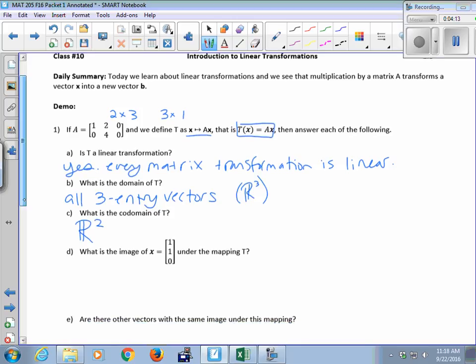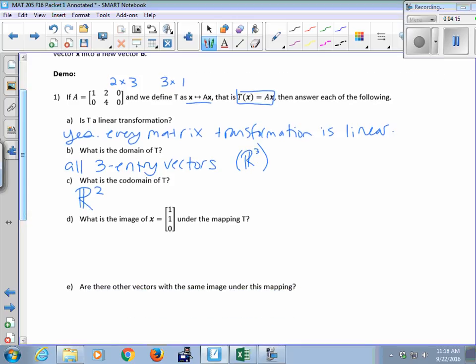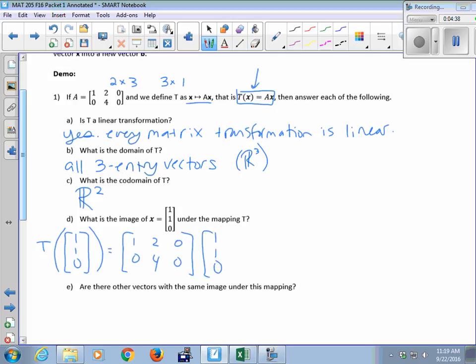All right, so what is the image of X being the 3 by 1 vector 1, 1, 0 under the mapping T? So that's just saying, what is T of 1, 1, 0 if I use this notation? T of 1, 1, 0 just means A, 1, 2, 0, 0, 4, 0, times 1, 1, 0.